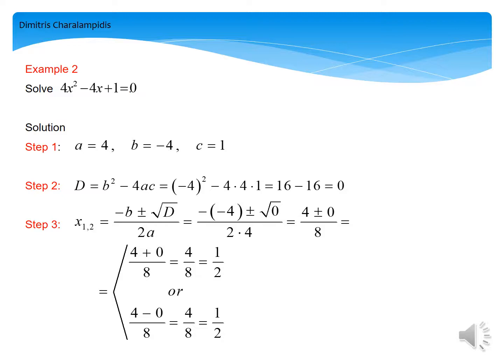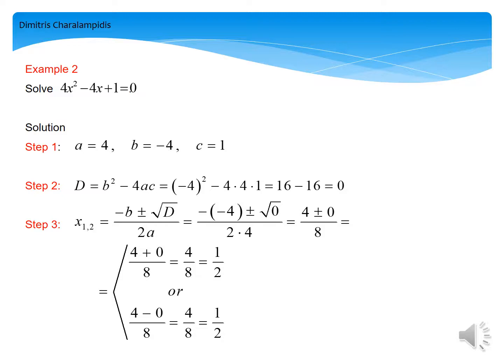So in step 3, we will start by writing, of course, the formula. So we would start by writing x1,2 is minus b plus minus square root of d over 2a. Then we would plug in the values of b, d, and a, and we would simply come up with the fraction 4 plus minus 0 over 8.